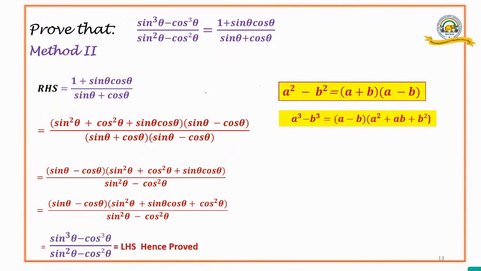And we get sine cube theta minus cos cube theta in the numerator and sine square theta minus cos square theta in the denominator. So the particular sum could be done from the left hand side or the right hand side. The only thing is look at what you are aiming to prove and just go on one step at a time, and you'll find out that you have come to the answer.